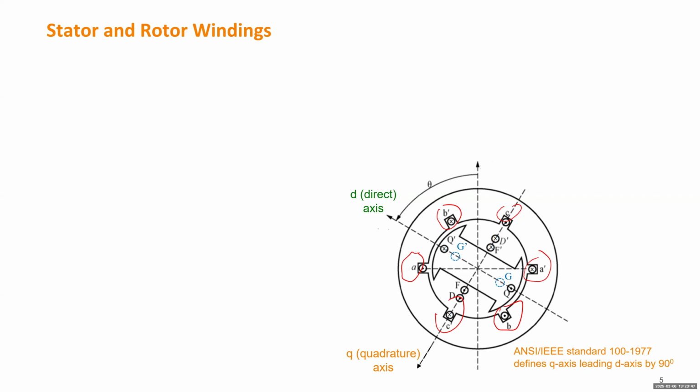On the rotor, I also draw a number of pairs of letters, but they're all capital. That's a convention I adopt in this class. You see there are some letters F, D, Q, and G. I will explain them shortly.